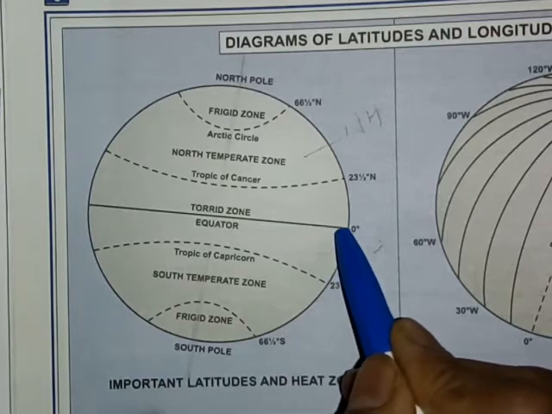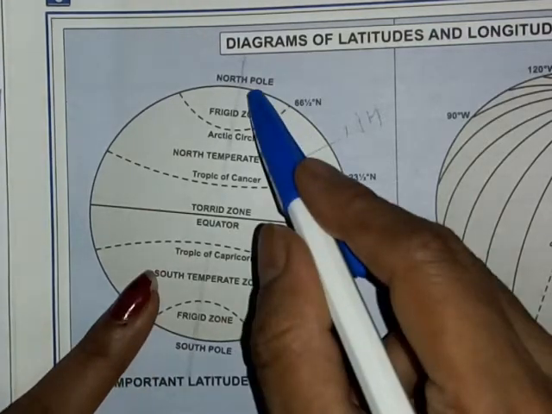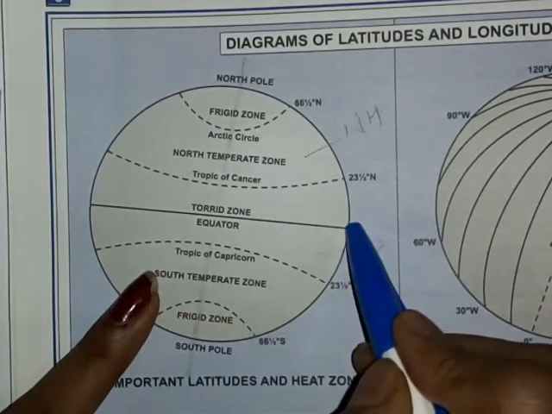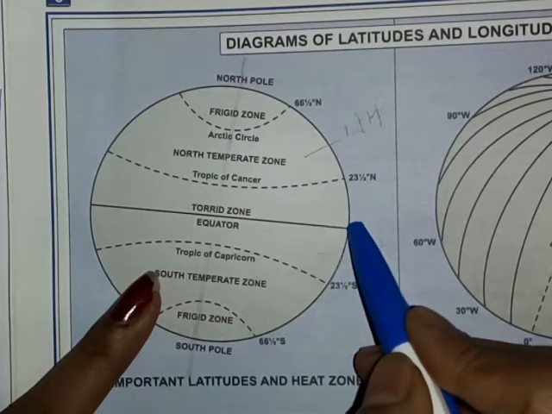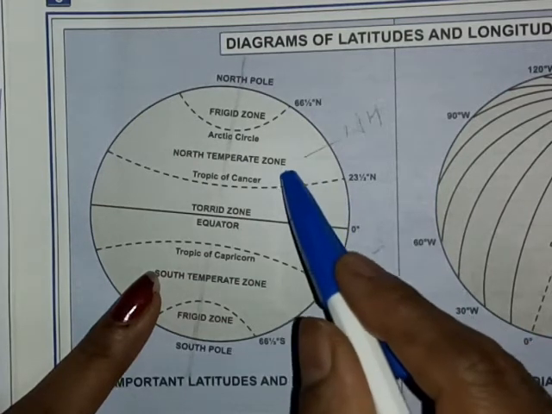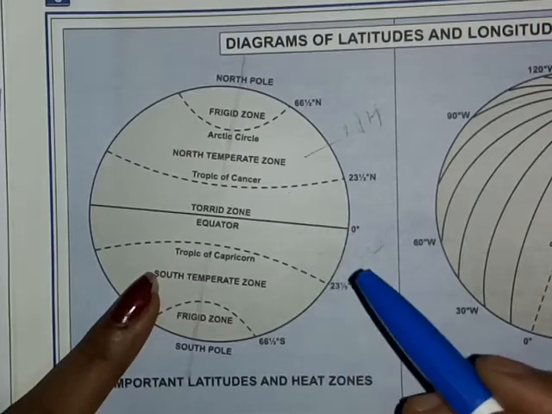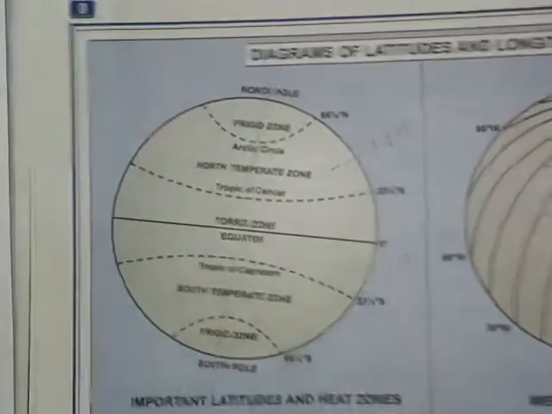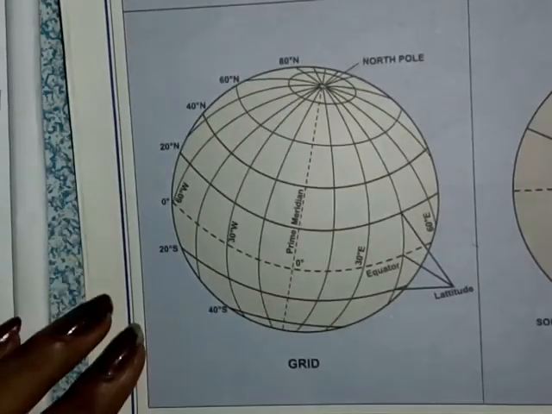Then as you move towards the north or towards the south from the equator, the circles decrease in size from the equator towards the pole. As you move towards the pole, the circle's distance decreases.